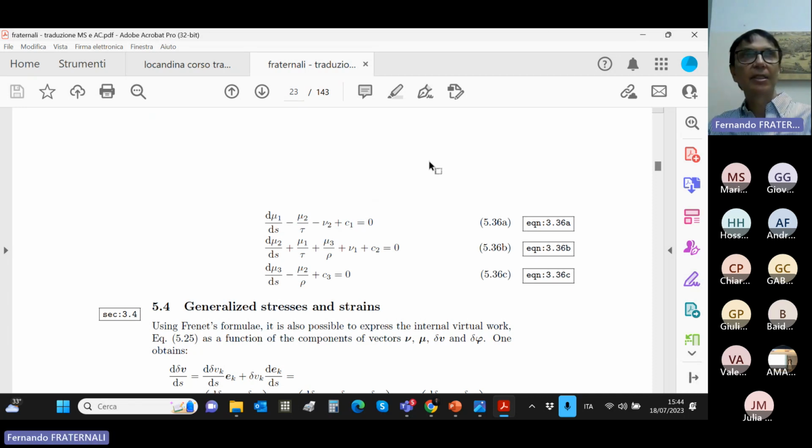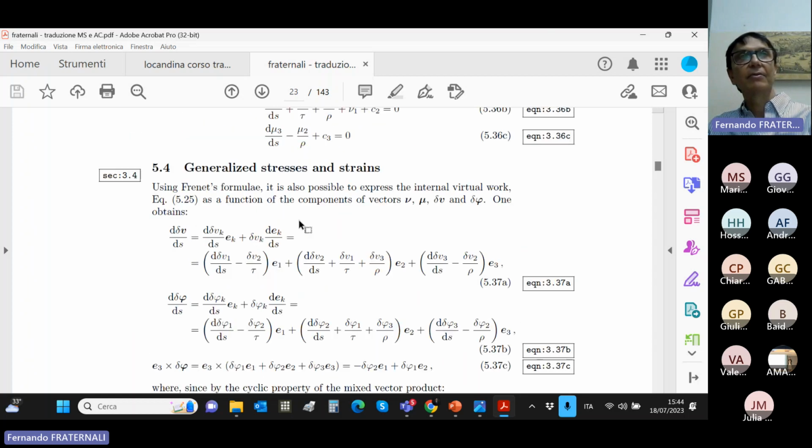Another result that we obtained yesterday, through the expression of the internal virtual work, is the expression of the quantities that are the duals of nu and m.